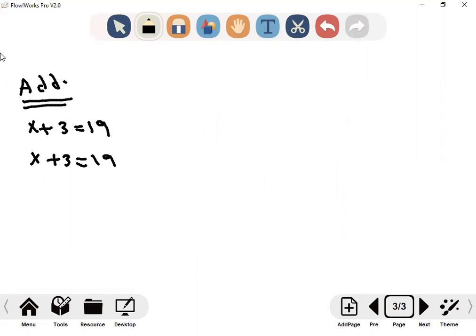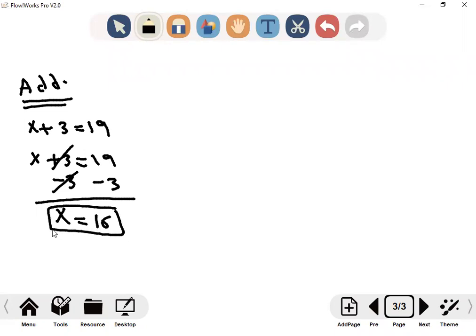We will subtract the connected number, which is 3, remember? So here we will make minus 3 on both sides. And plus 3 minus 3, how much? Zero. Still here x, so 19 minus 3 is 16. So x equals 16. This is the addition equation.